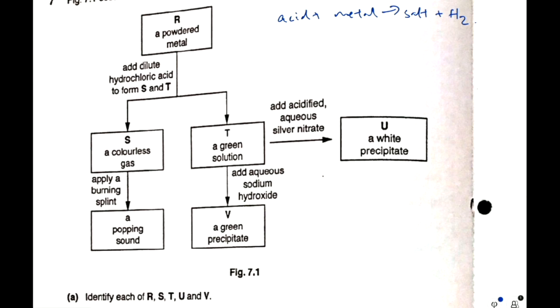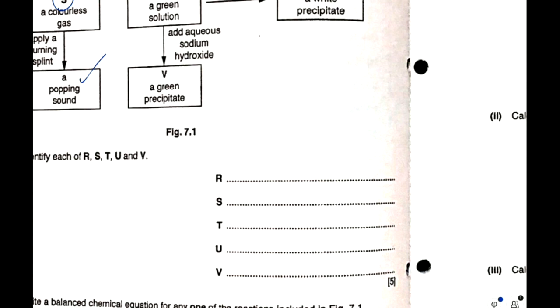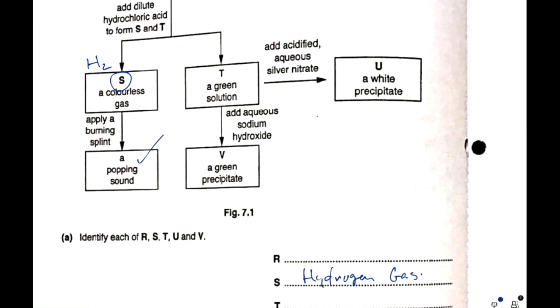So one is a salt and the other is hydrogen gas. So S is H2 and T is a salt. I don't know which salt it is. A pop sound confirms hydrogen. So S is hydrogen gas.